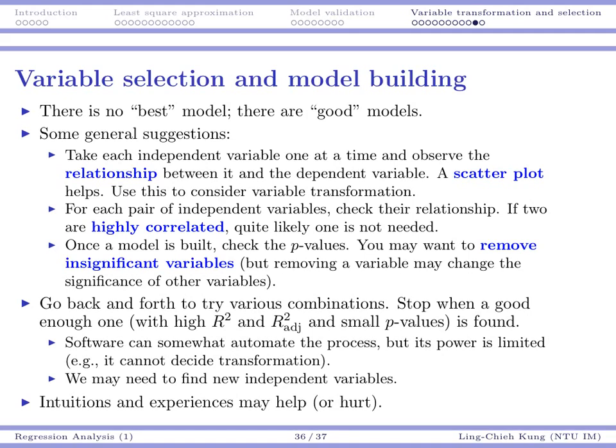It depends. But one thing to keep in mind is that removing a variable may change the significance of other variables. That's possible because you have a regression model as a whole. Okay? So when you do the fitting, you estimate coefficients. And when you have a different number of variables, the coefficients may just change.